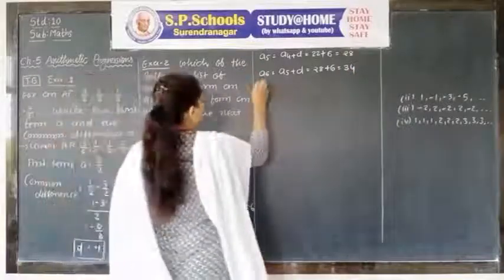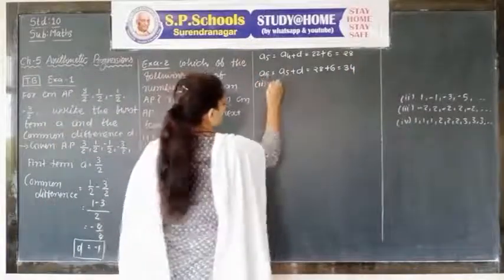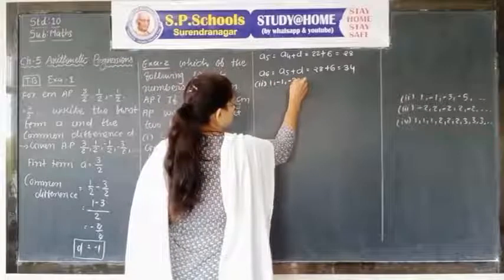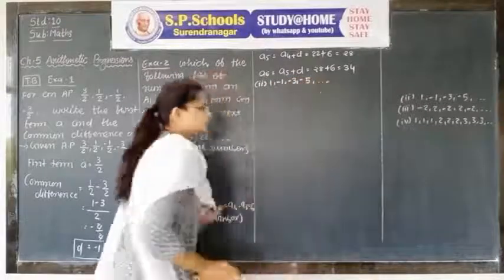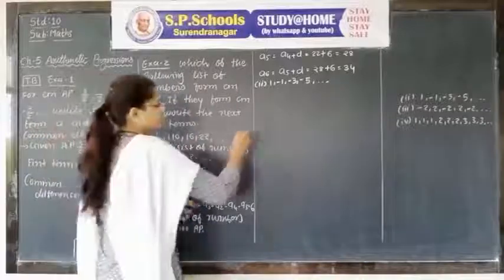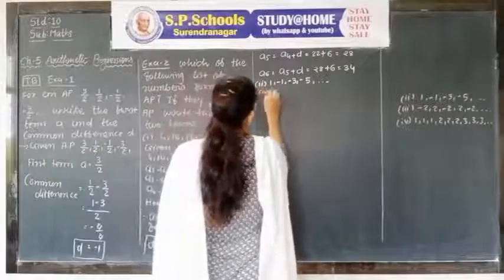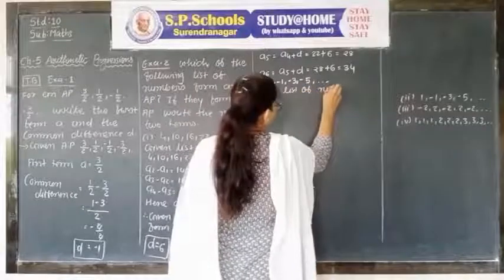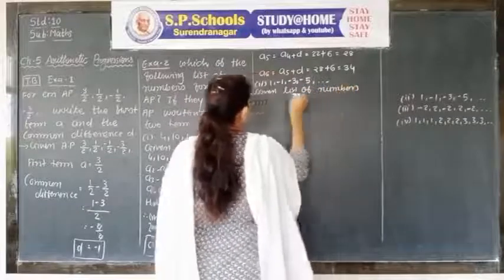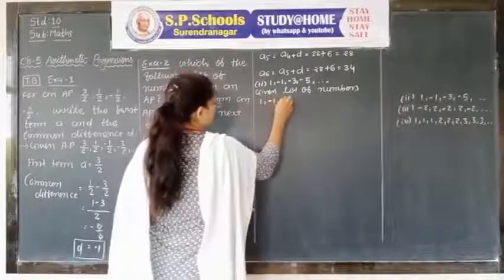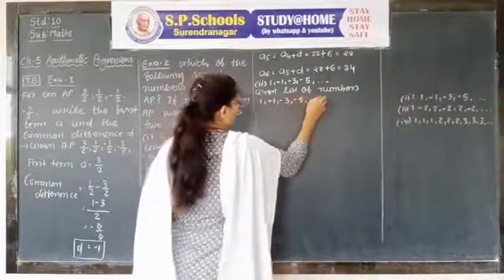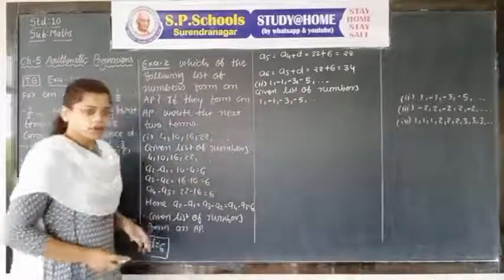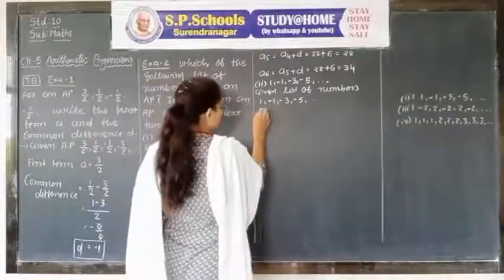Now the second one. The second is 1, minus 1, minus 3, minus 5 up to infinity. It is a list of numbers. First of all, write the given list of numbers: 1, minus 1, minus 3, minus 5 up to infinity. Now we find the difference of consecutive terms.